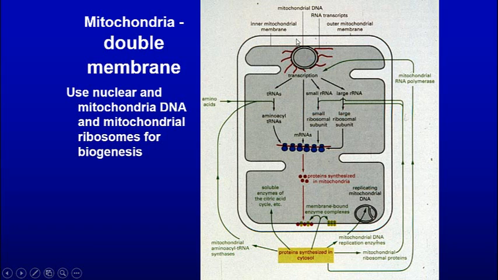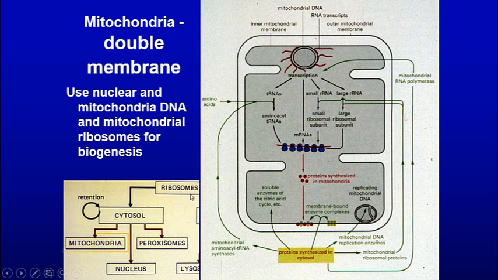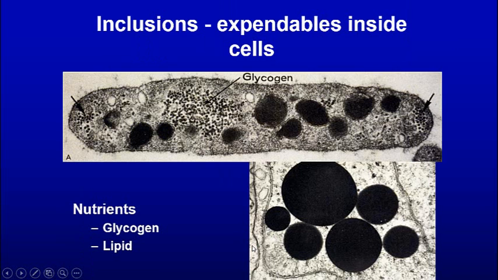So it's got circular DNA, and the cell regulates if you need more mitochondria. If so, it gets bigger, and then they split. And so these proteins here are all coming through that system. Ribosomes in the cytosol go into the mitochondria.